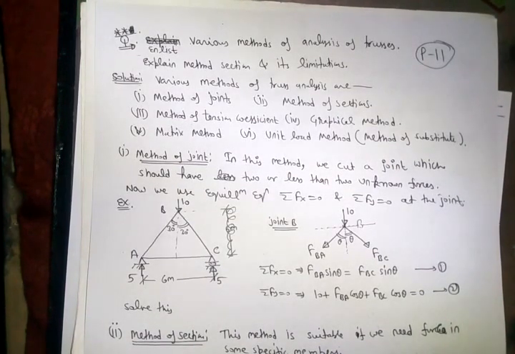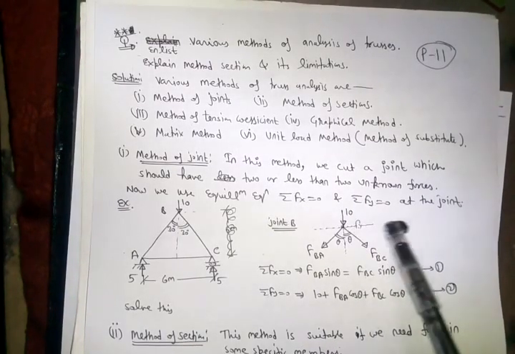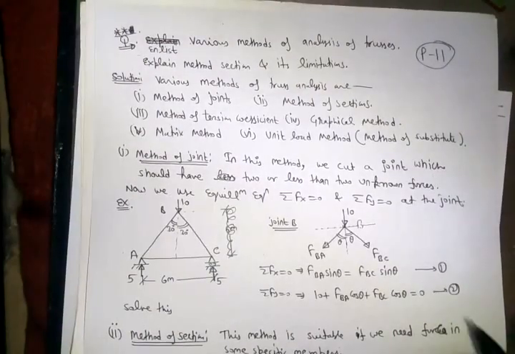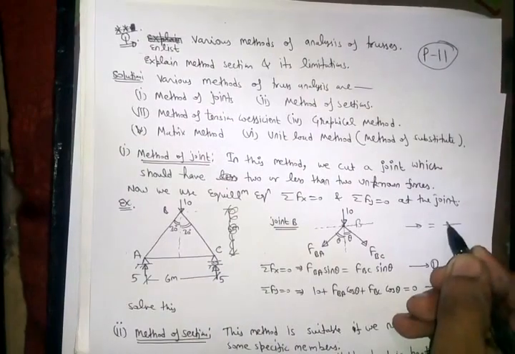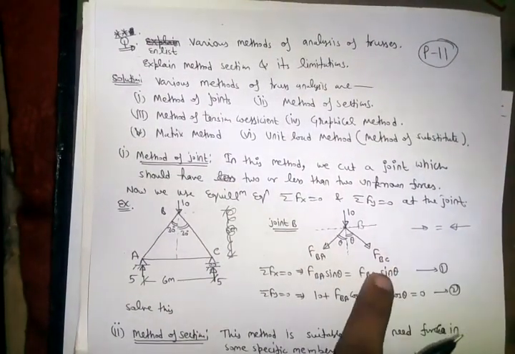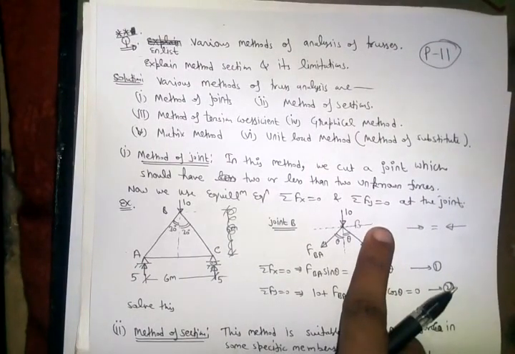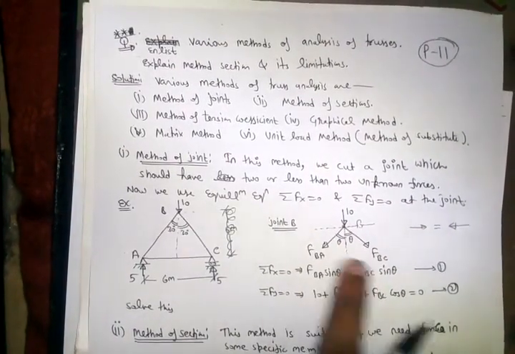Now in a 2D truss you have only two equilibrium equations, summation Fx = 0 and summation Fy = 0, right? So I will resolve these forces in two directions. One is summation Fx = 0, meaning force in this direction equals force in this direction. So force in this direction is what? FBC sin theta, and in this direction FBA sin theta, right?